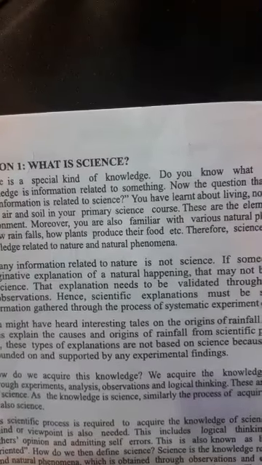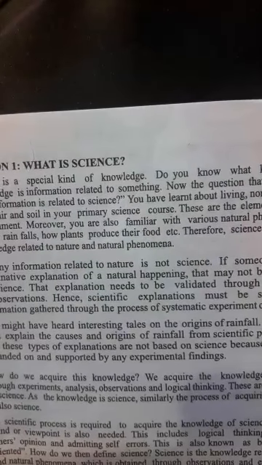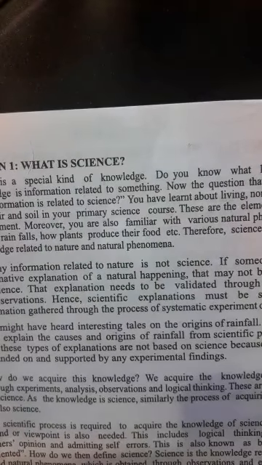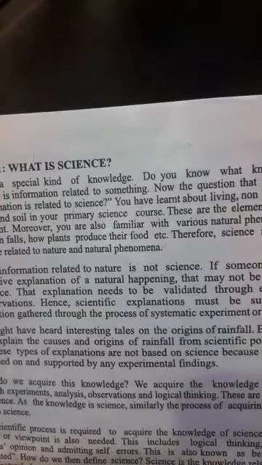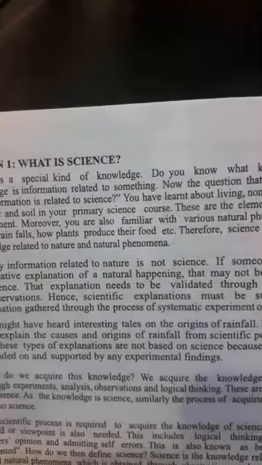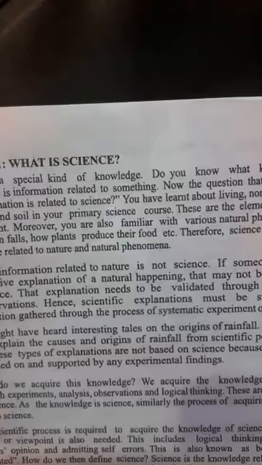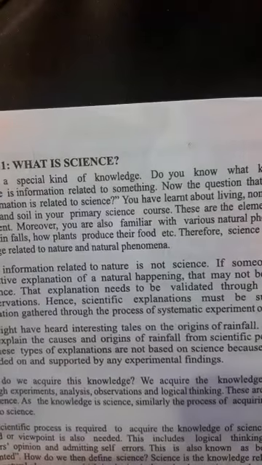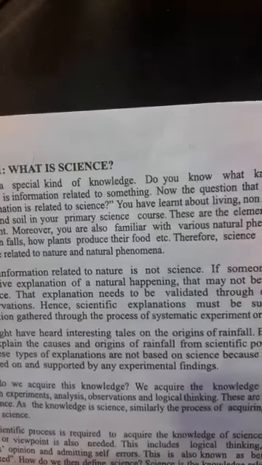You have learned about living, non-living things, water, air and soil in your primary science course. These are the elements of nature's natural environment. Moreover, you are also familiar with various natural phenomena such as how rain falls, how plants produce their food, etc.